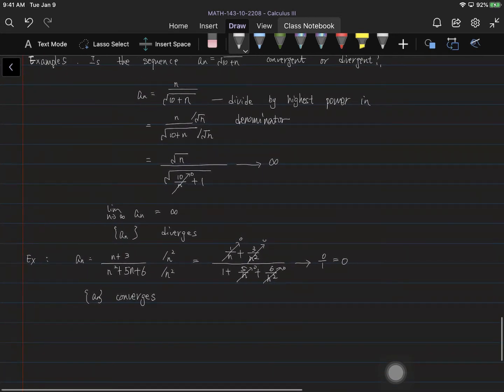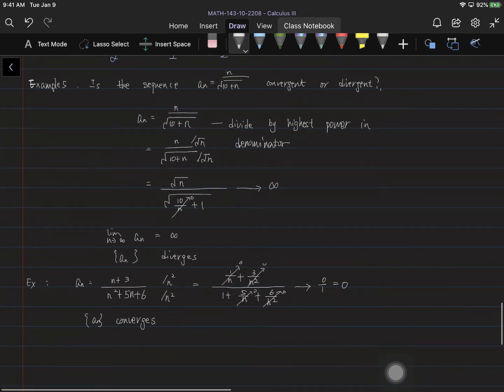There is also another way you can use. For example, in example 5, for the problem an, the numerator has higher power than the denominator. So when we use n divided by square root n, when n goes to infinity, this thing goes to infinity.